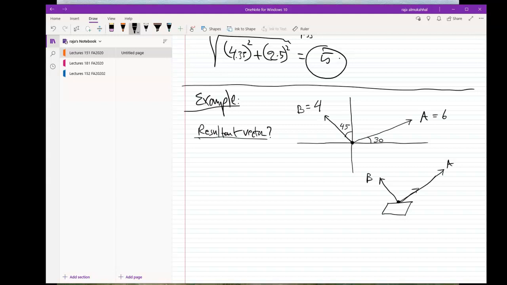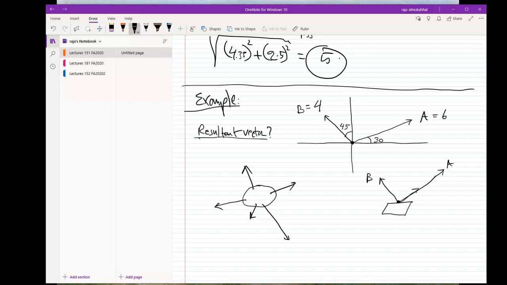So the resultant vector is that given a bunch of vectors, given a bunch of forces, let's say you have 5 people fighting over a loaf of bread. Here's a loaf of bread. It's a silly example, but you get the idea. And you got 5 people fighting over it. Everyone is pushing it in a different direction. Let's go like this. Hold on. Let's say this.